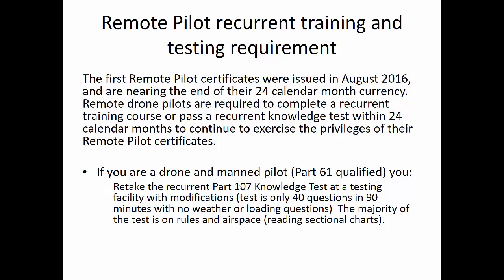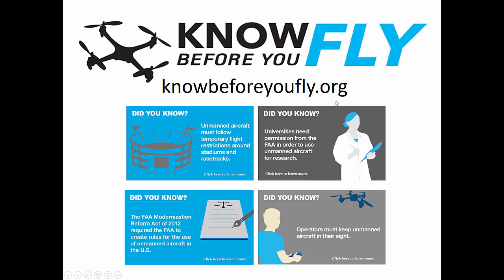That is a majority of the test that's out there, and you need to at least get a 70% on the test. And I just happened to take it here just a little over a month ago to maintain my remote pilot certification. So that sort of goes through the rules that's there.